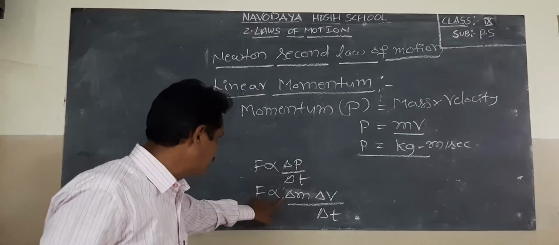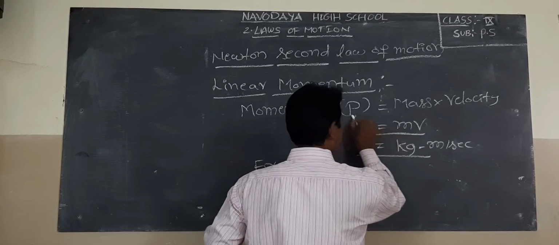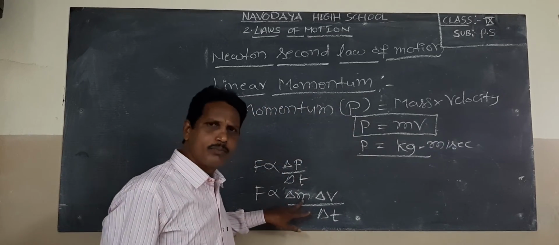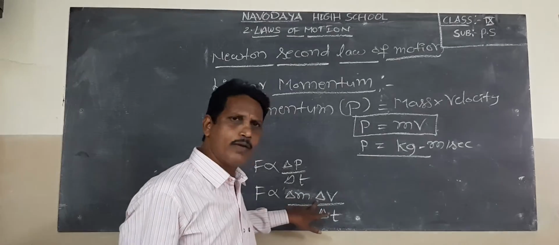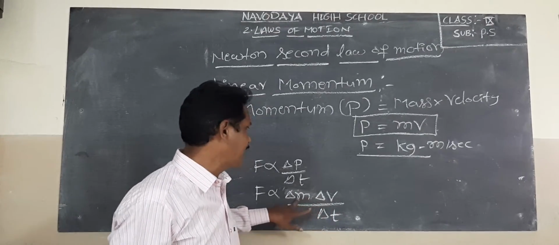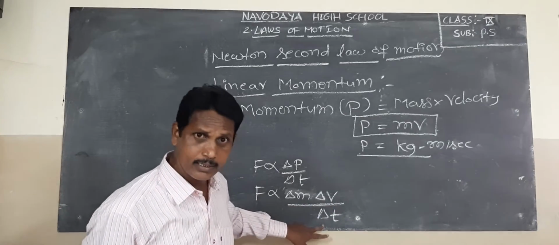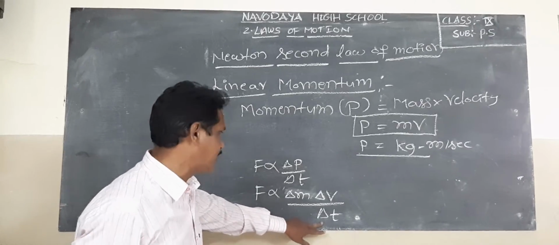Here P equals mass into velocity, with a small quantity of velocity of the body, delta V, over a small time interval, delta T.